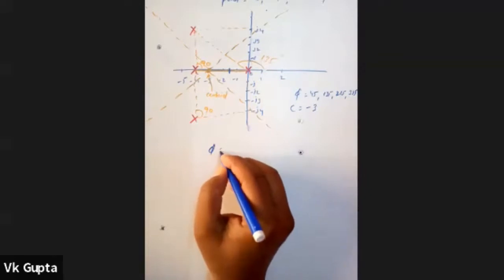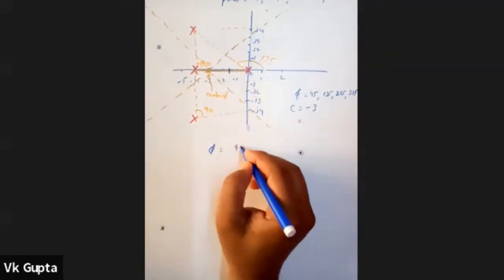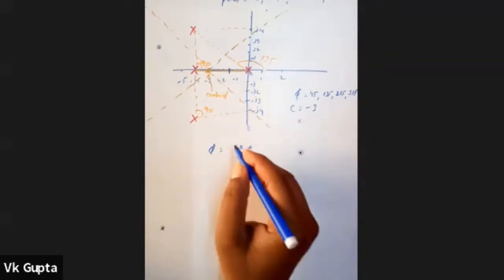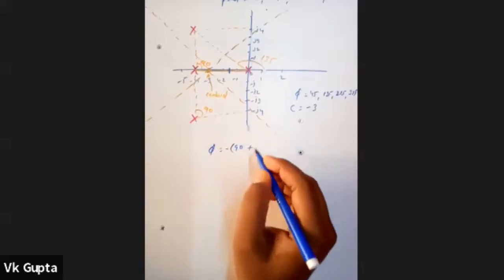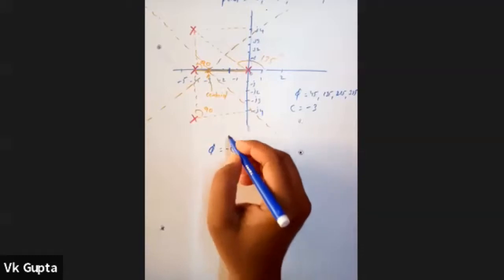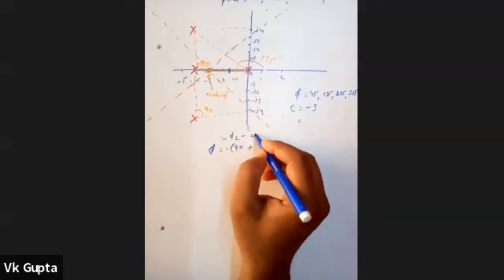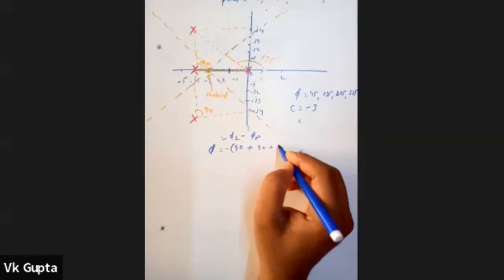Phi is what? 90. Phi z minus phi p. 90 plus 135.